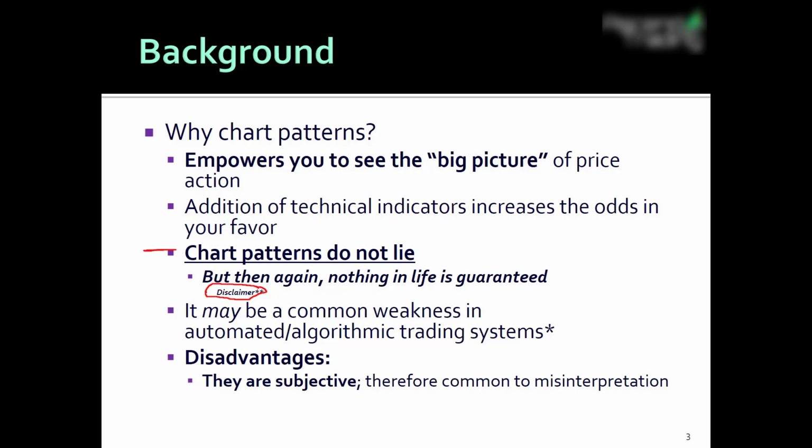But upon reading several journal articles and white paper studies, a lot of the researchers point out that a common weakness in their trading system is that it's not able to detect the chart pattern as accurately as it can, especially with the erratically shaped ones. And a huge disadvantage for chart patterns is that they are very subjective, and it's common to misinterpret them.